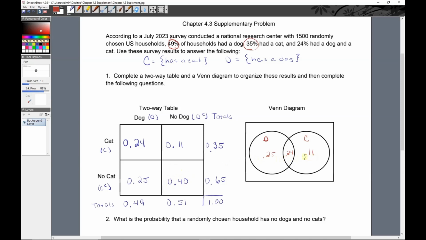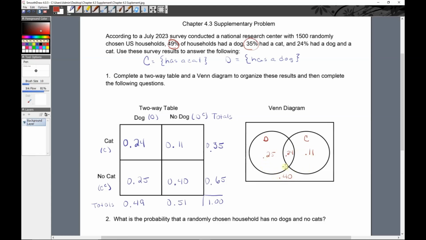So 0.11 plus 0.24 is going to be 0.35, and then this will be 0.60. All three of those add up to 0.60, so this has to be 0.40, so that all of these things together add up to 1.